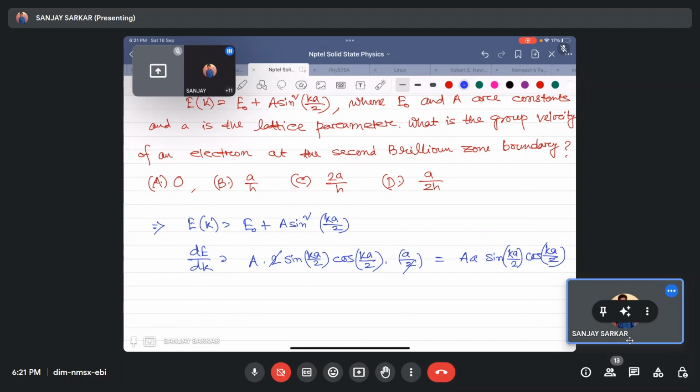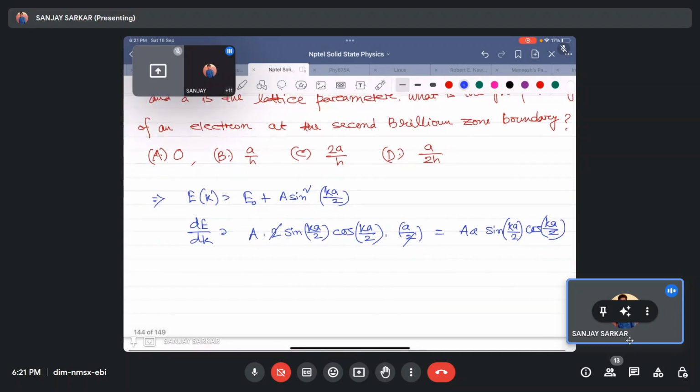Then in one dimension the Brillouin zone boundary is at plus minus pi by a, and the second Brillouin zone boundaries lie at plus minus 2 pi by a.